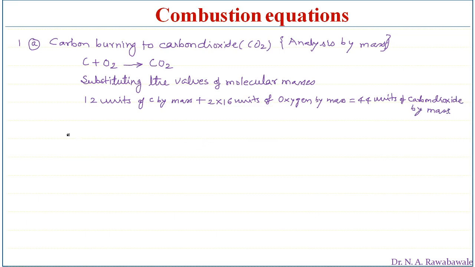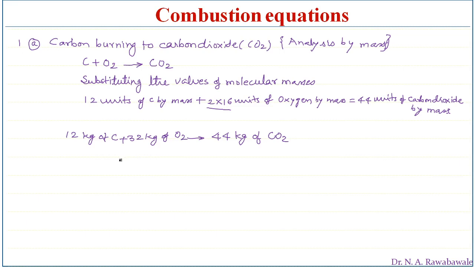Therefore, we can write this as 12 kg of C means carbon plus 32 kg of, 2 into 16 is 32 kg of, oxygen O2 produces 44 kg of CO2.